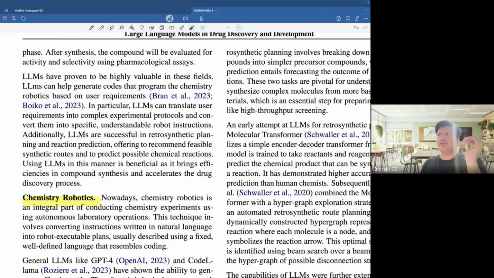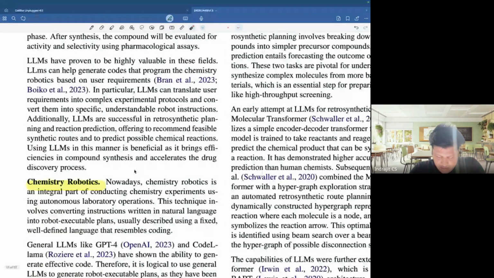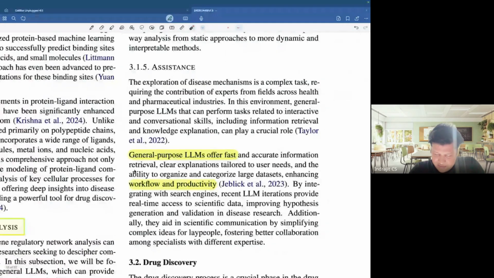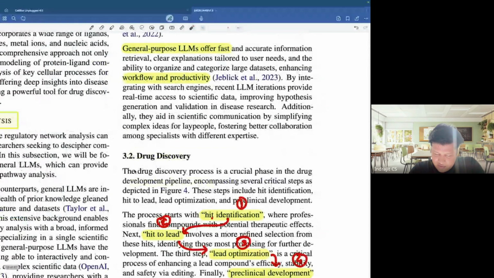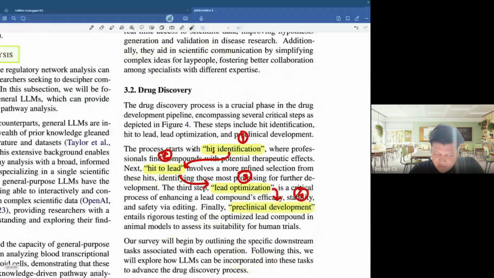So hit is basically, if you are trying to get a particular drug to identify if it has an effect, right? If you see an effect, that's where you see that it has a hit. So this basically finds the compounds. Drug discovery is already a process that takes a lot of time, as I said earlier, like 10 to 15 years.